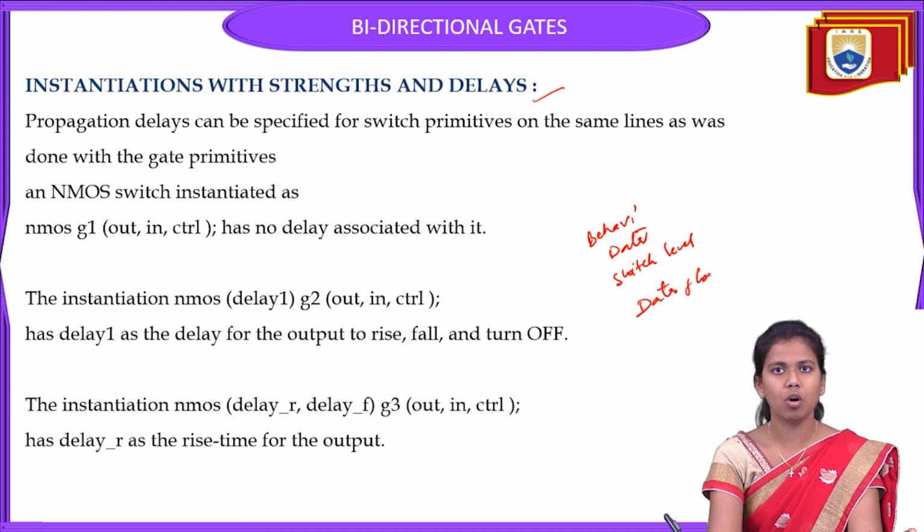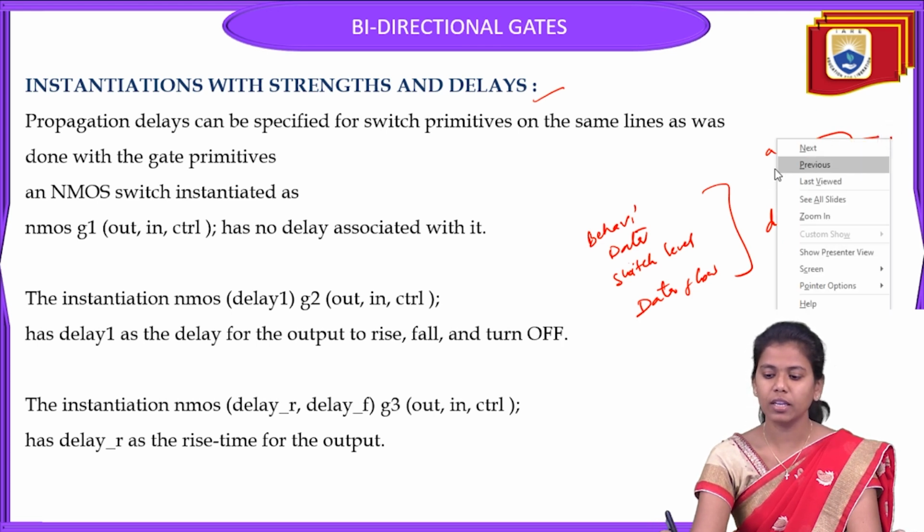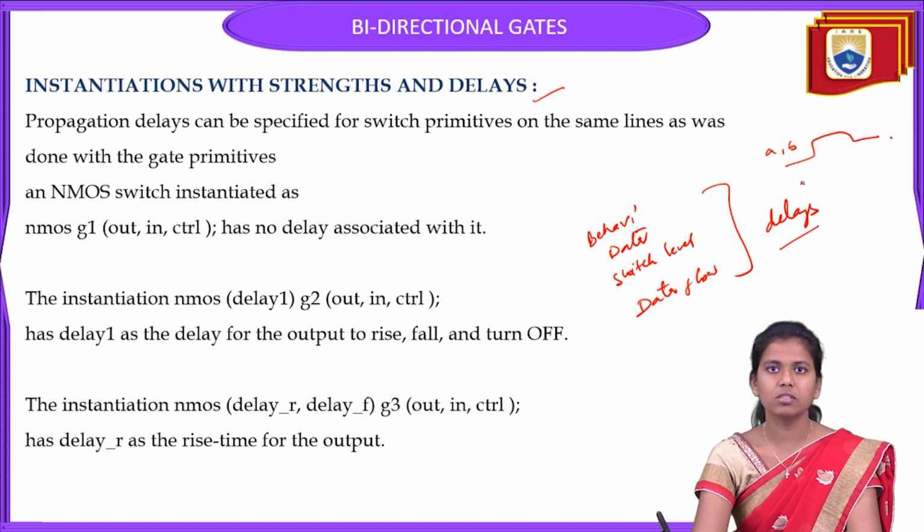In all these modeling styles, we have seen delays. Delays deal with the time control elements, isn't it? When you have inputs A and B, with how much delay the input A reaches the output, this is how, in terms of time constants, we know the delays.